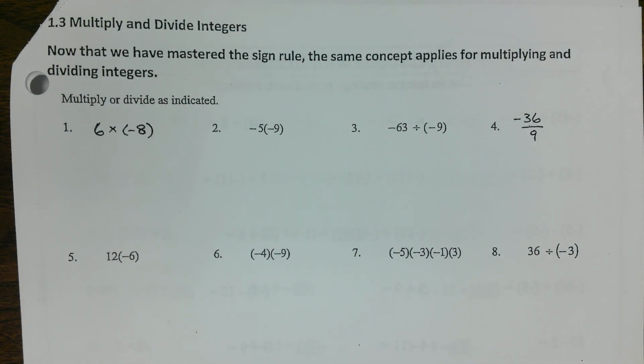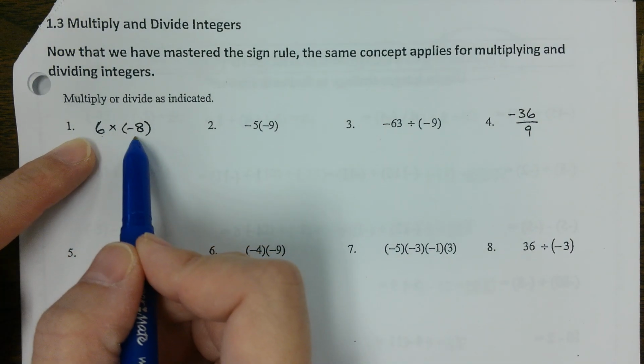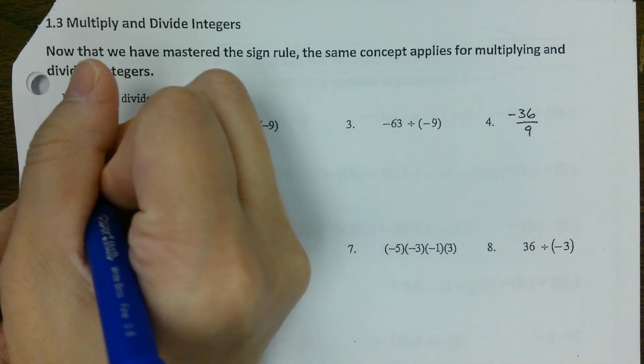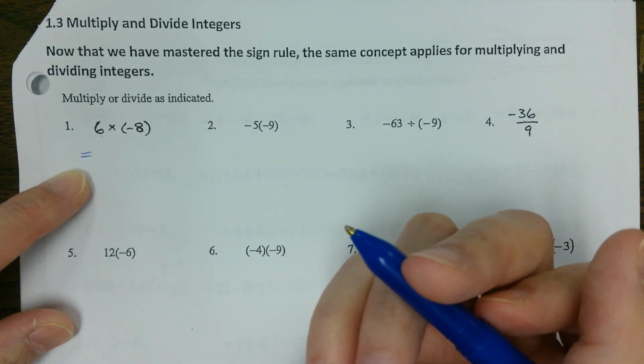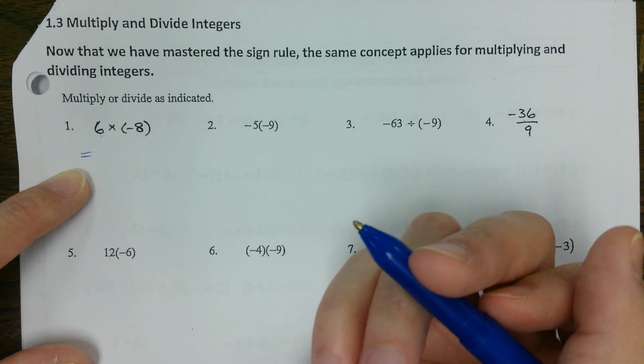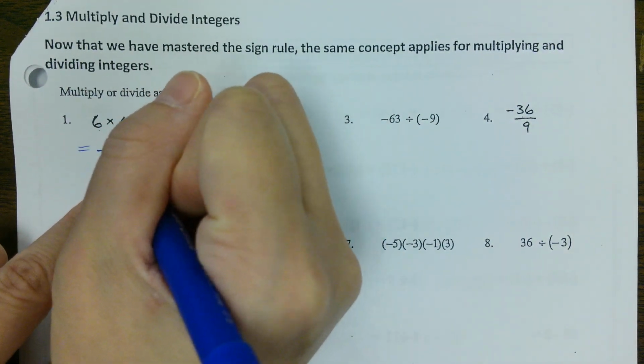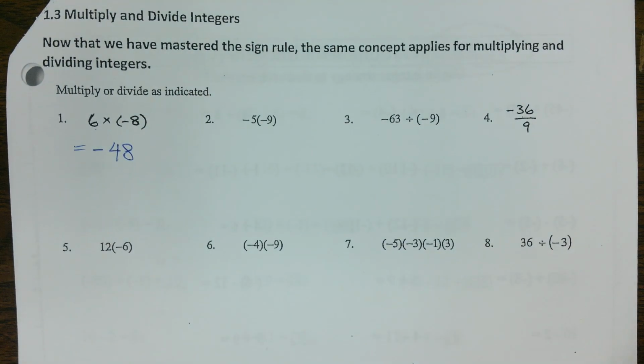So the sign rules: 2 negatives make a positive, 2 different signs make a negative. So in this case, +6 times -8, you get positive or negative? Negative, right? And then 6 times 8 is simply 48.